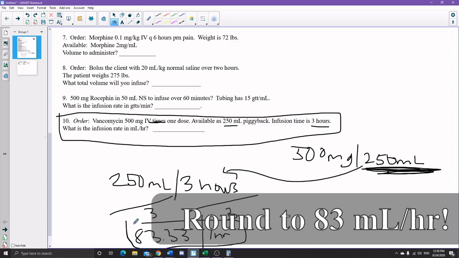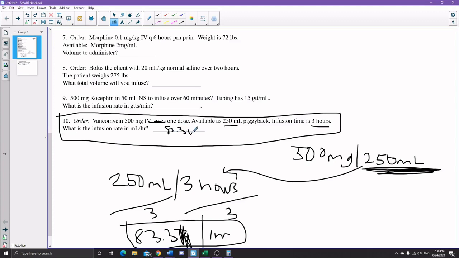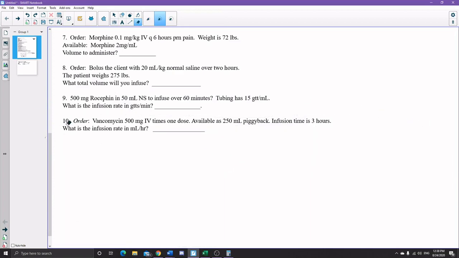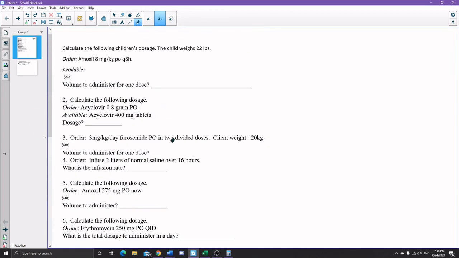And that's kind of where we want to be, but there's something wrong here. We need to cut off that 3. We need just 1. So it would be 83.3 ml per hour. Remember to make that correct, okay? So that's all the practice questions I have from this one worksheet.